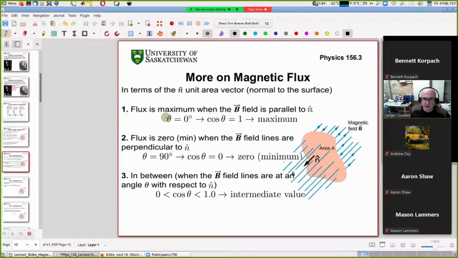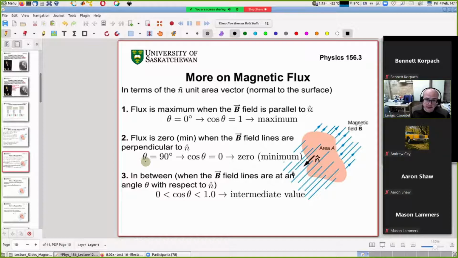When the magnetic field is parallel to n hat, or perpendicular to the surface, the angle is 0 degrees and the cosine of theta is 1, and we have a maximum flux. Second extreme case: the magnetic field lines are perpendicular to n hat, which means the field is actually parallel to the surface.